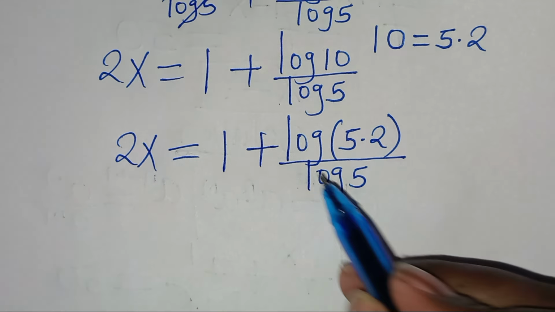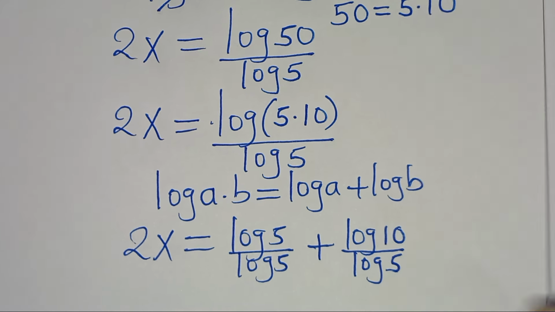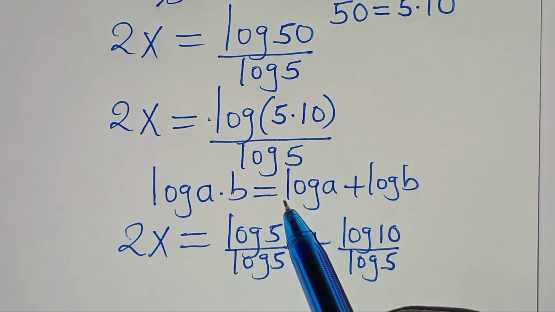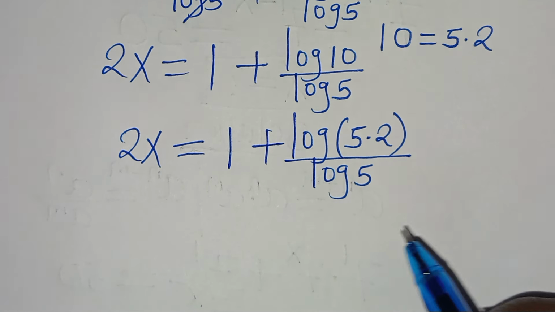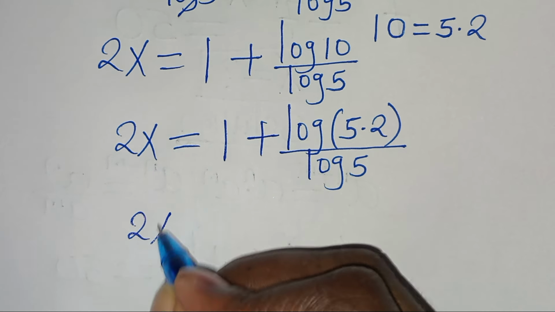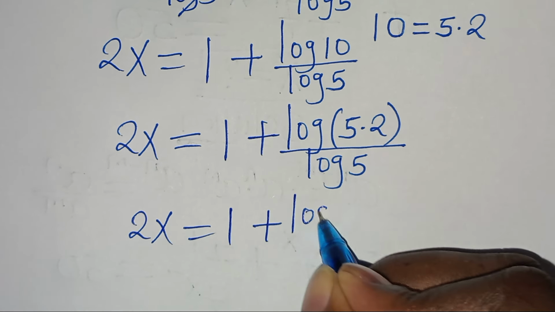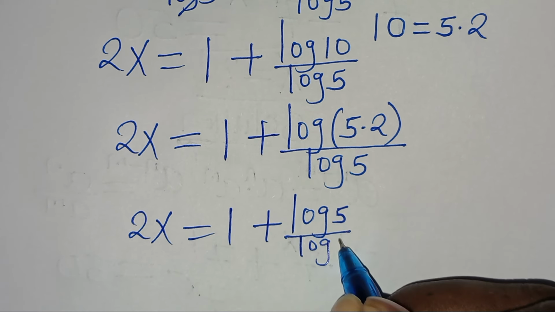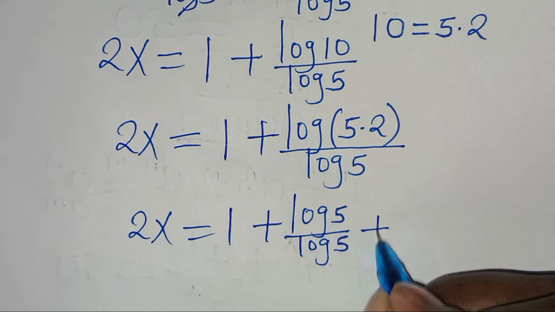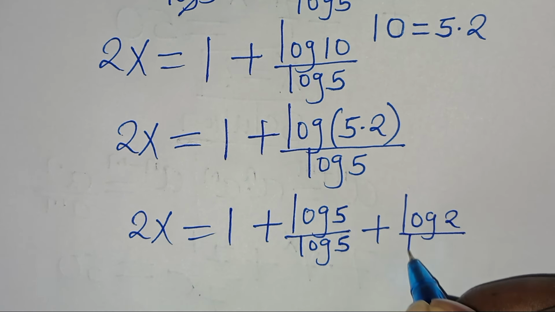The next step is that log 5 times 2 is in the form of log a times b, which we can express as log a plus log b. So this implies we have 2x equal to 1 plus log 5 divided by log 5, then plus log 2 divided by log 5.